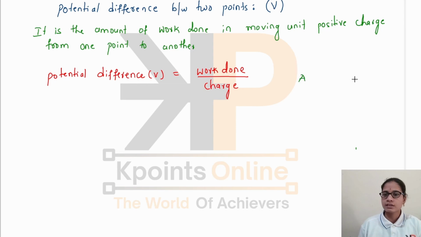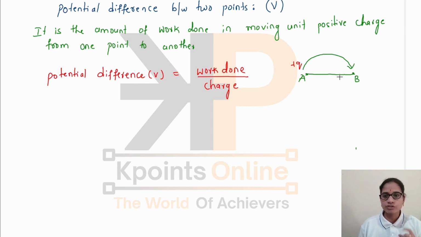Suppose these are the 2 points A and B and the charge is placed here. Now the amount of work done in moving this charge from this point to this point is called as potential difference between these 2 points.